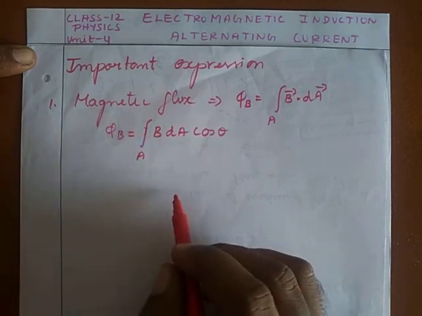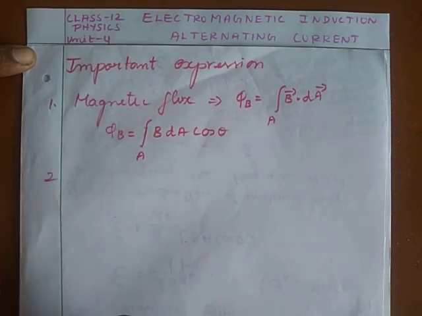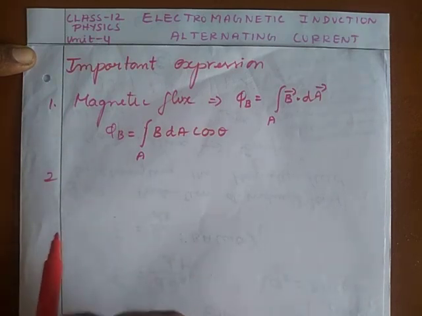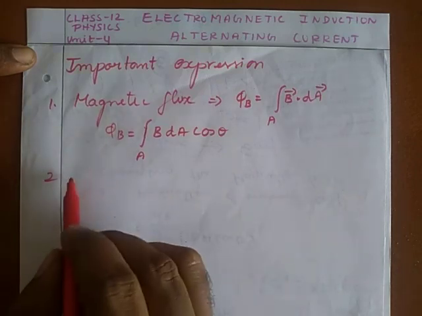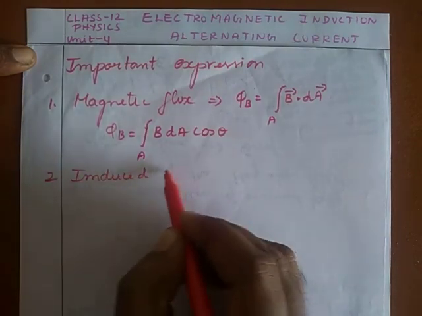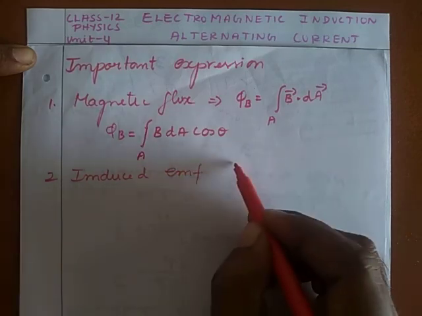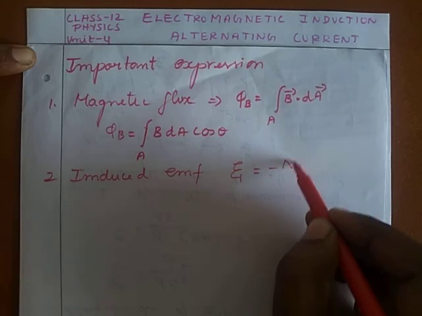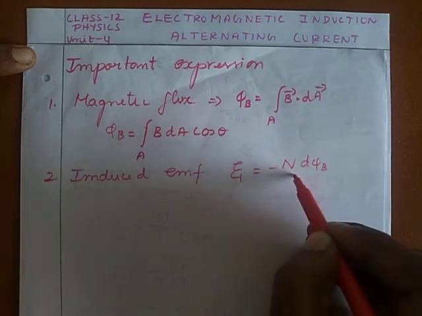Then next, according to Faraday's law, the change in magnetic flux linked with a closed coil will produce an induced EMF. That induced EMF is represented as psi, that is equal to minus N d phi B by dt.